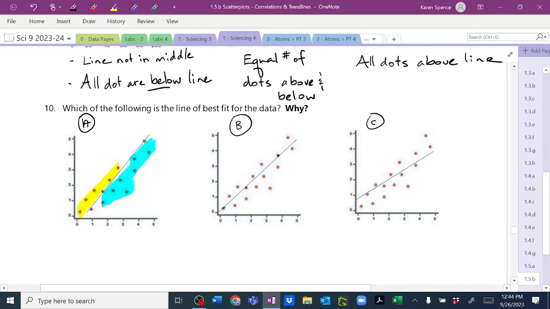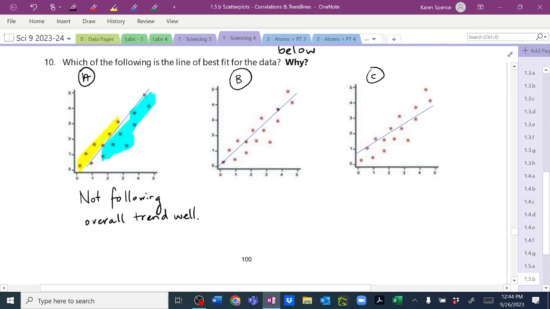This one is not following the overall trend. This one is too steep. You could also argue that this has more dots below the line than above the line.